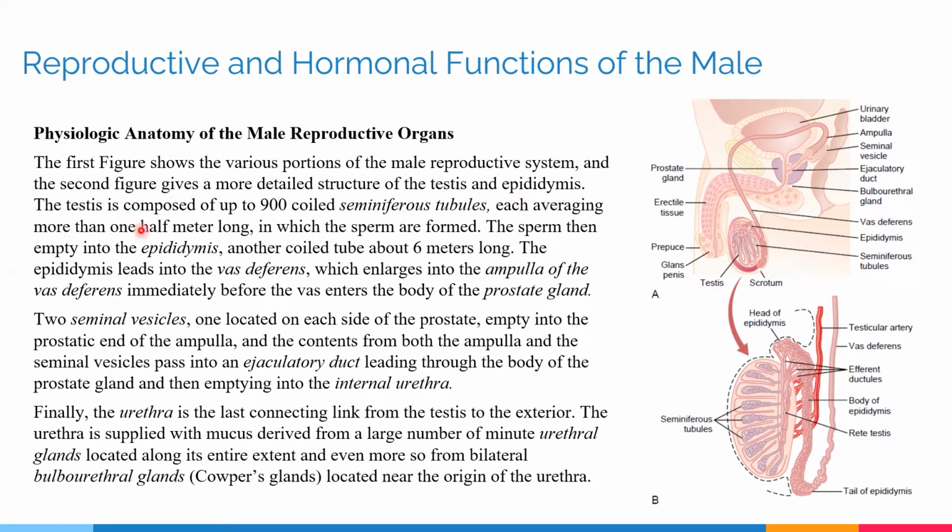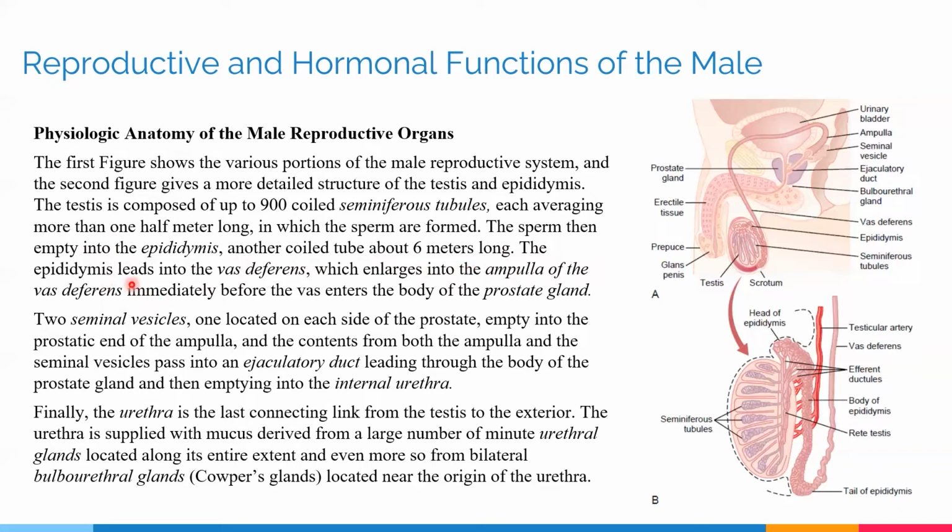The testis is composed of up to 900 coiled seminiferous tubules, each averaging more than one half meter long, in which the sperm are formed. The sperm then empty into the epididymis, another coiled tube about 6 meters long.